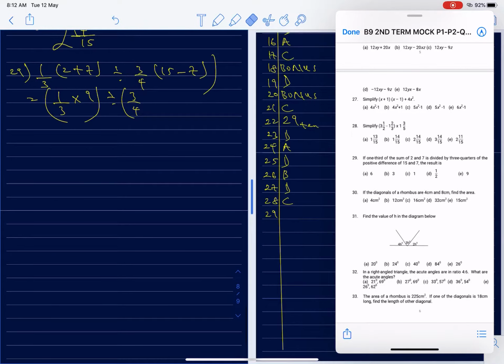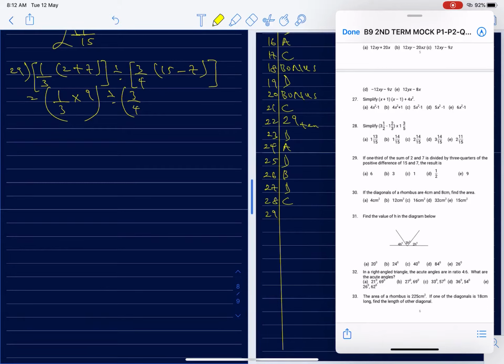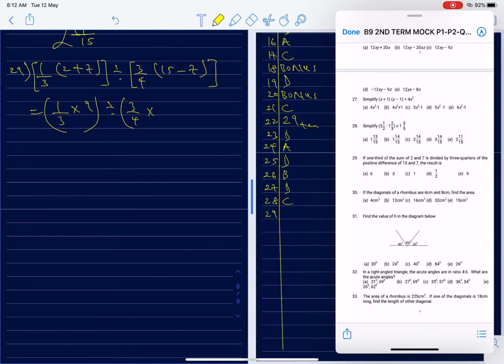Let me put all of that within brackets for clarity. And that will be equal to 1 over 3 times 9 divided by 3 over 4 times 15 minus 7 is 8, 3 over 4 times 8.